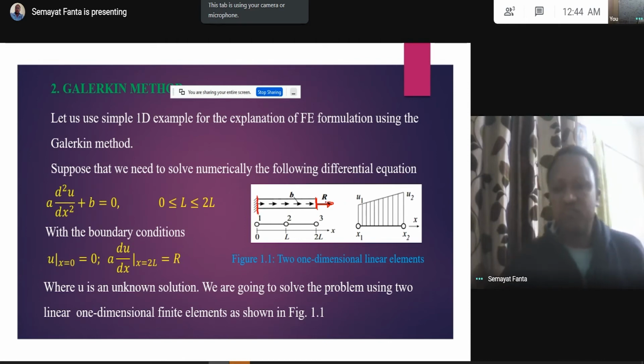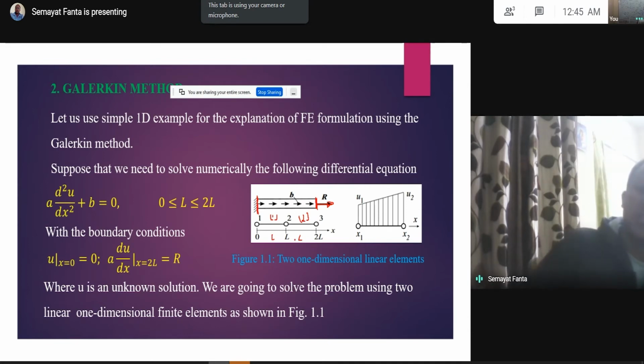So two ends are known, and there is a body force which is uniformly distributed over the entire length, which is b. Now the bar is discretized into two elements, element 1 and element 2, having the same length L and L. L plus L gives us 2L, so the total length of the bar is 2L.